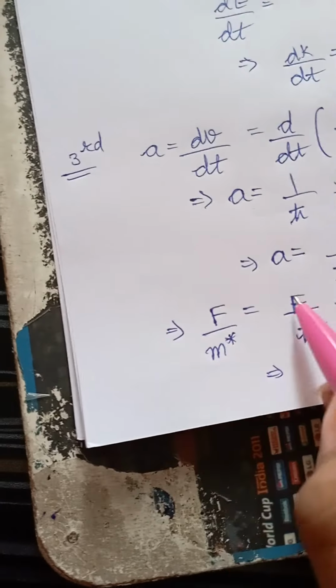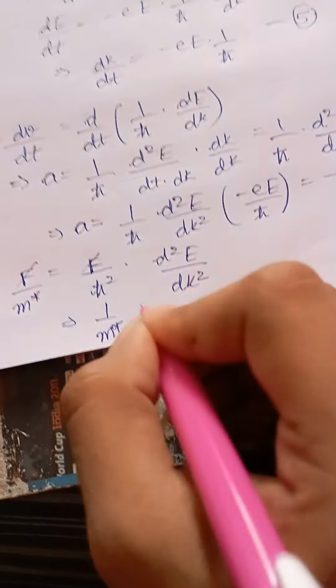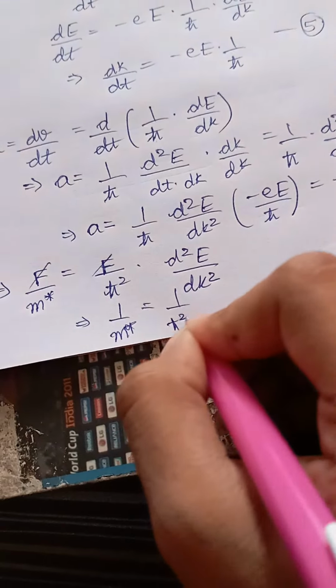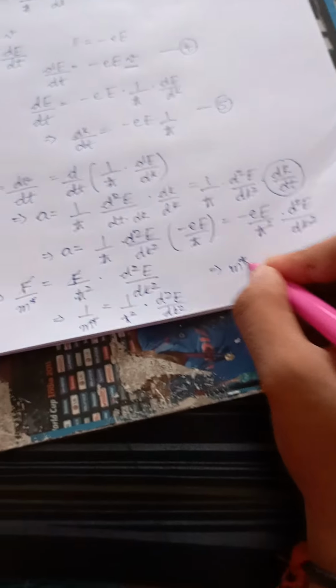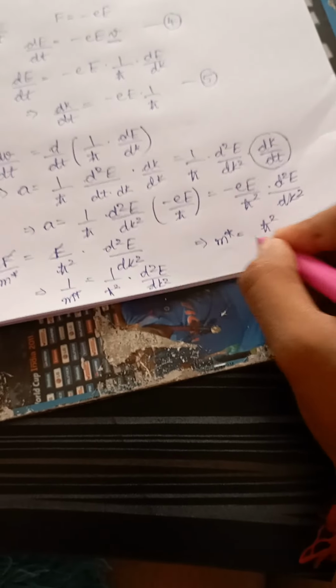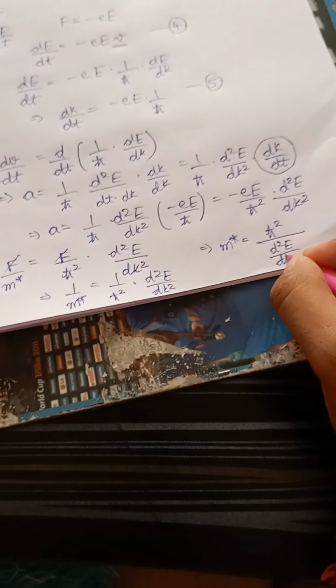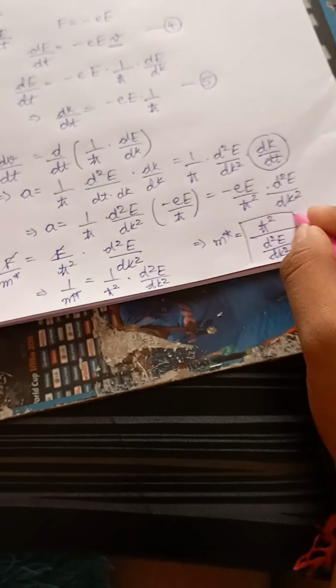We can simplify it again, and you are going to get 1 by m star is equal to 1 by ħ² into d²E/dk², and you are getting the value of m star as ħ² by d²E/dk². So this is the final equation for the effective mass of the electron.